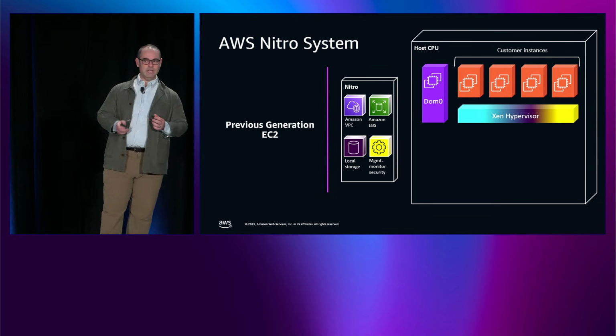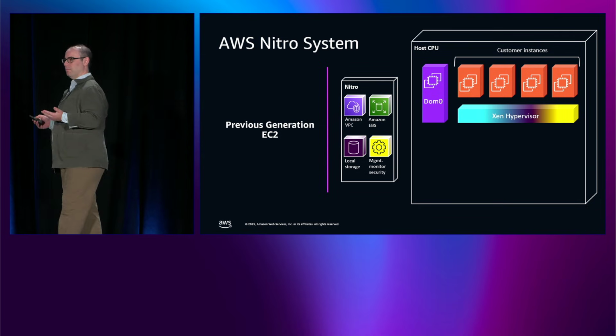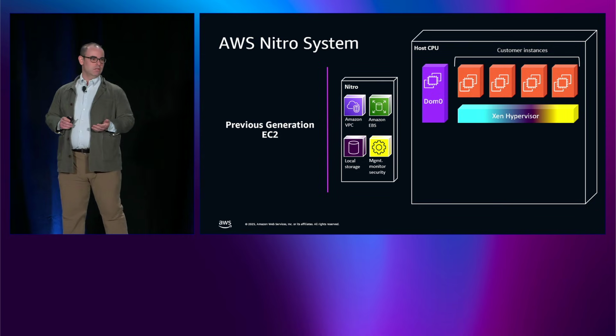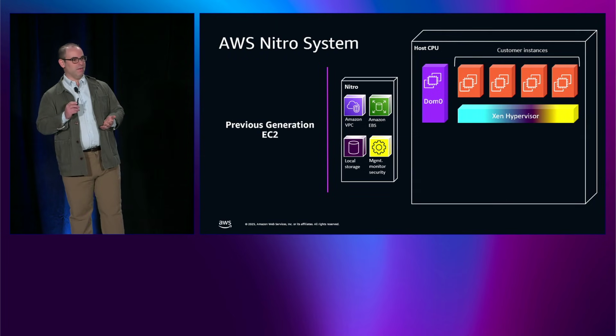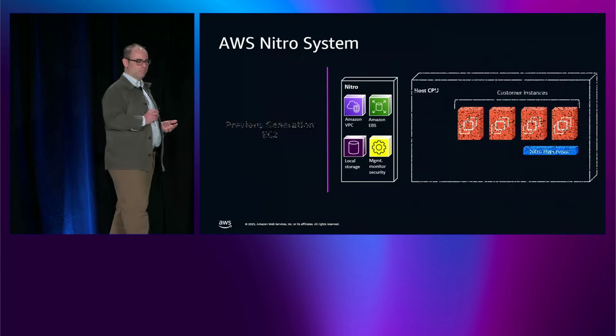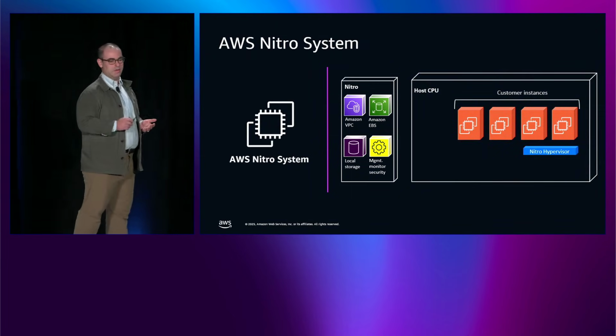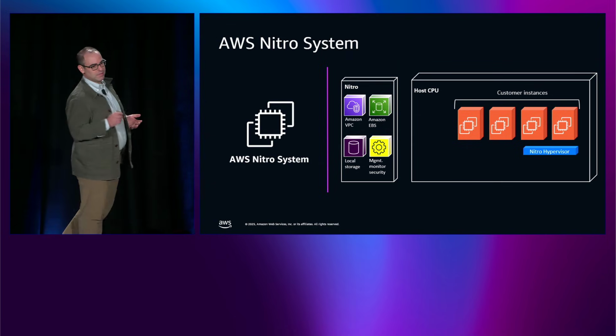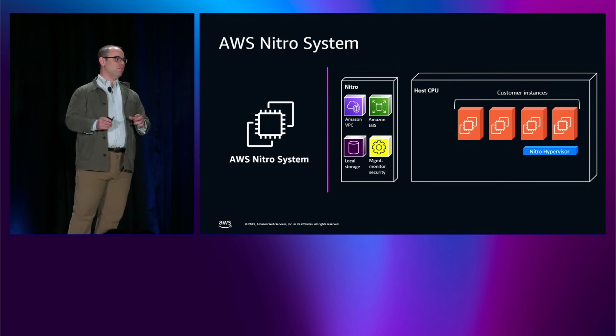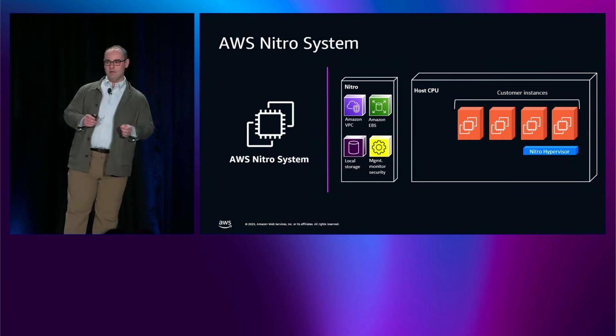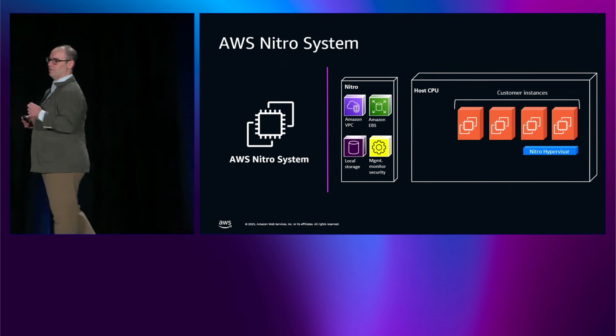And we looked at our system and realized that the Dom0 no longer played a role. So the Nitro system was born in this final step, in this final evolution. We replaced the Xen hypervisor. We introduced the Nitro hypervisor, based on KVM, and especially minimized and customized for our needs and high security bar.